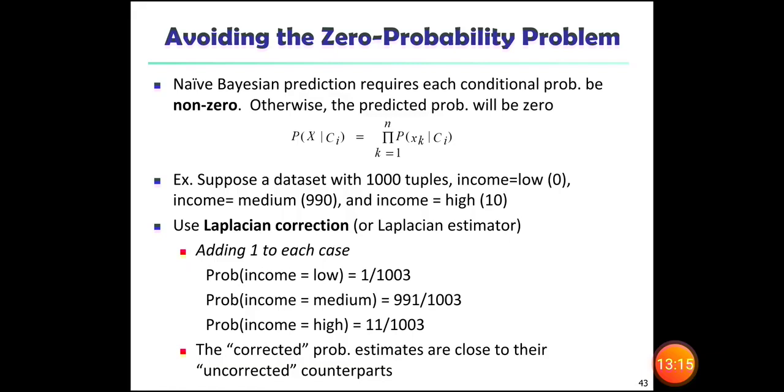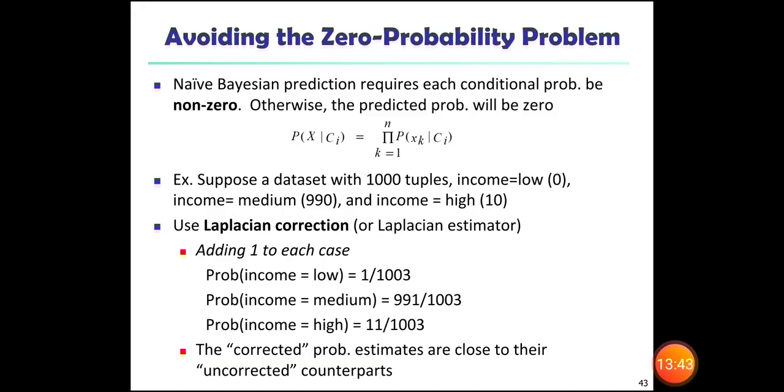For example, suppose we take a data set with 1000 people, with income low equal to 0, income medium 990, and income high 10. So here you can see the statuses low, medium, high.